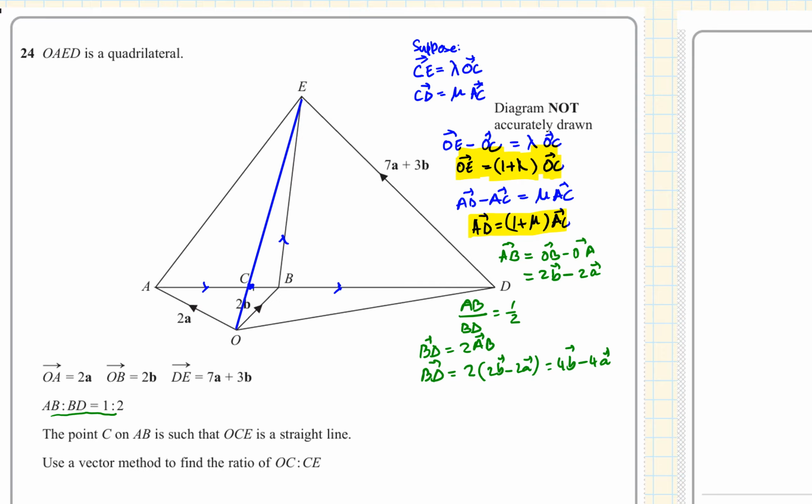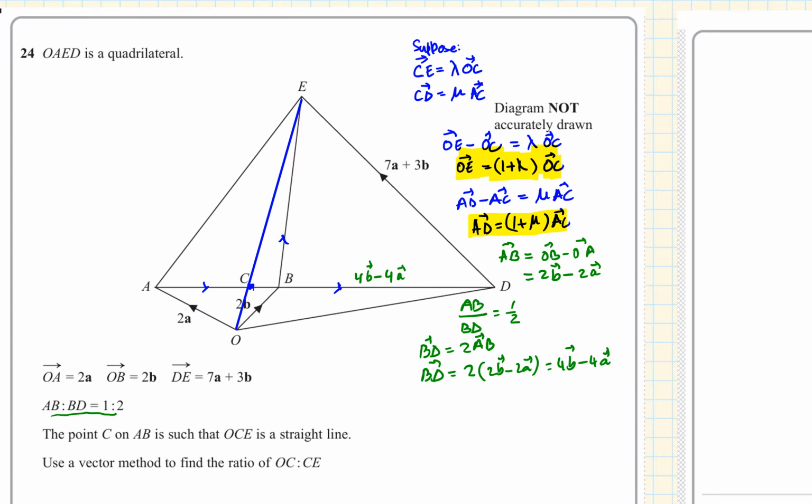So I know what BD is, 4b minus 4a. And OB is given to us, it's 2b. And now I can work out what BE is.